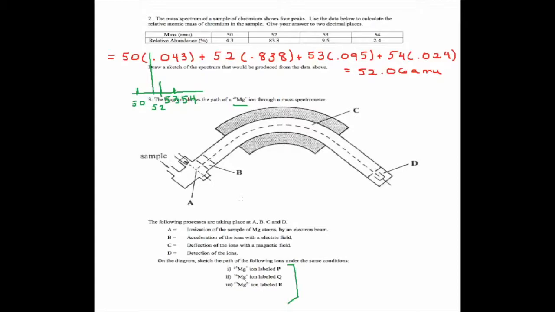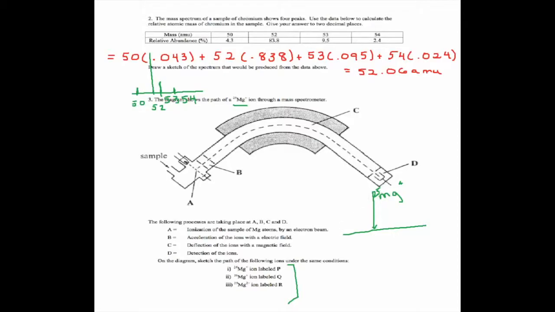Okay, so I'm going to make this bigger actually, just so it's easier to see. Okay, I know that this is magnesium 25, with a +1 charge. Okay, and this lines up with this. So anything that's over here is going to be more massive than magnesium 25, and anything over here is going to have less mass than magnesium 25.